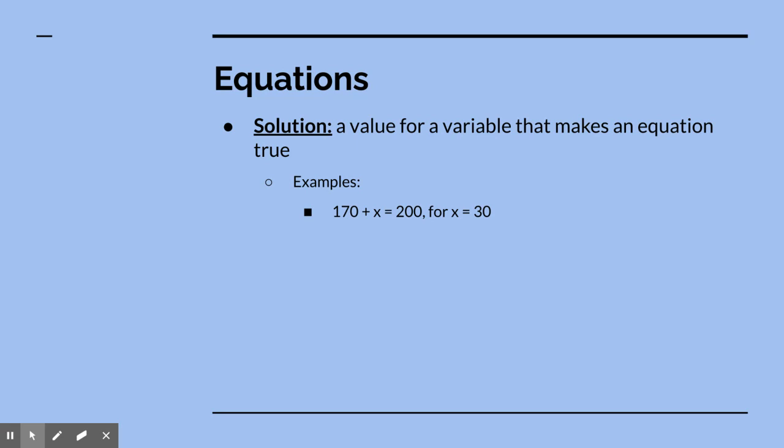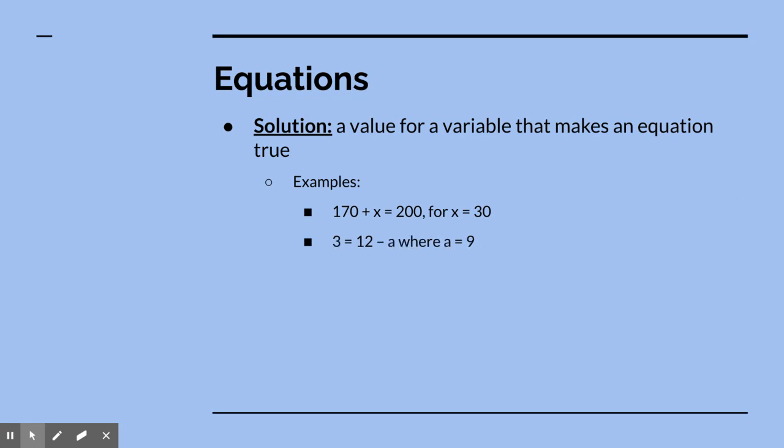If x indeed is equal to 30, if we add 170 to 30, does that give us 200? If you can do that in your head, then yes, of course, we do get 200. If you have to, plug it into the calculator and just double check. And when you do, you'll find out that yes, 170 plus 30 does equal 200.